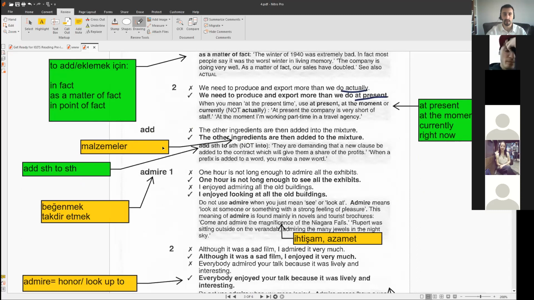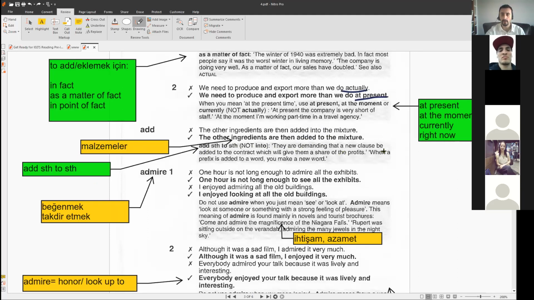The meaning of ingredients, as you see here, I have added malzemeler. So what is add? Add something to something. The form or pattern for add is add something to something, not into something. Look, add into is wrong.